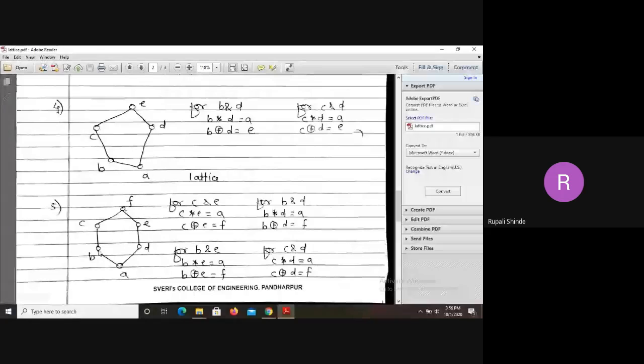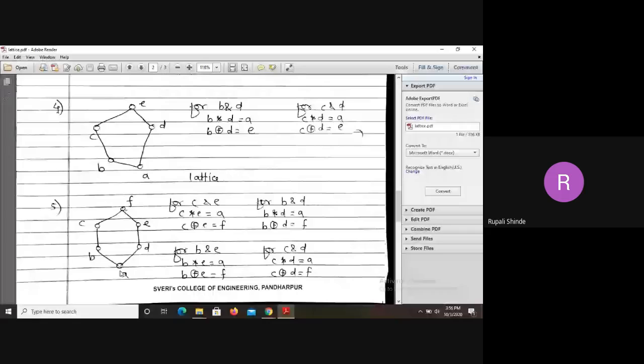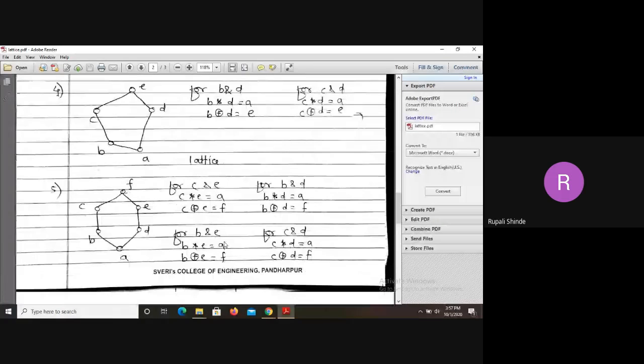If you consider this pair BE, then for these two elements, the greatest lower bound is A and the least upper bound is F. Again, if you consider the pair of elements C and D, then the greatest lower bound is A and the least upper bound is F. So again, the greatest lower bound and least upper bound exist for every pair of elements. So this given diagram is a lattice.